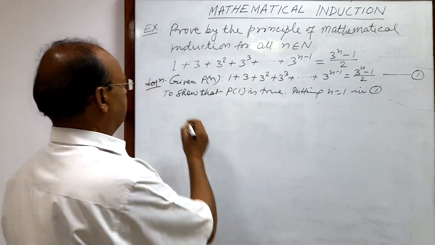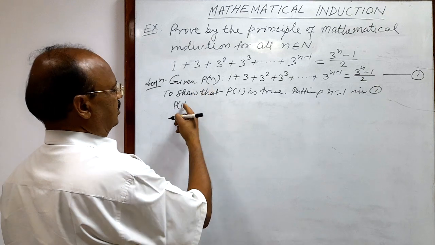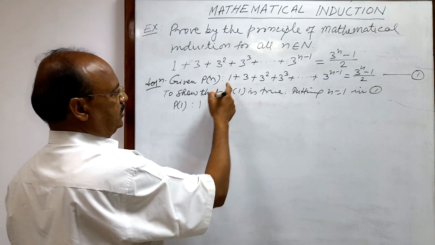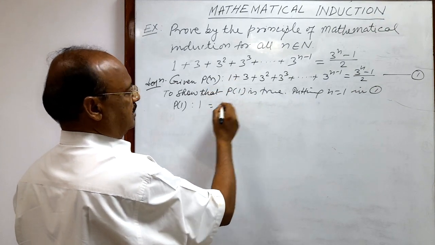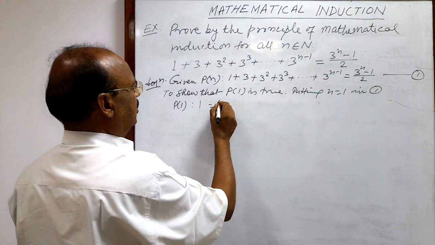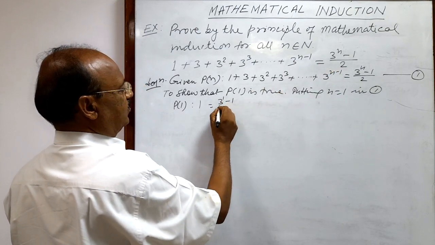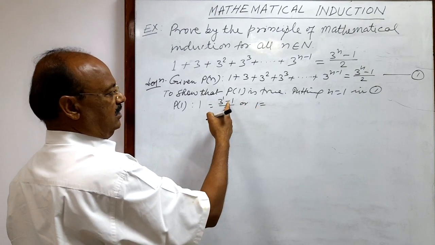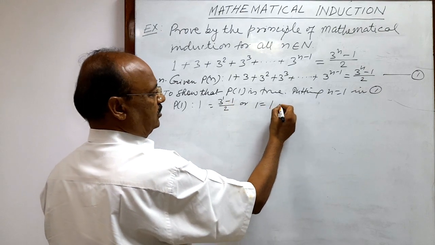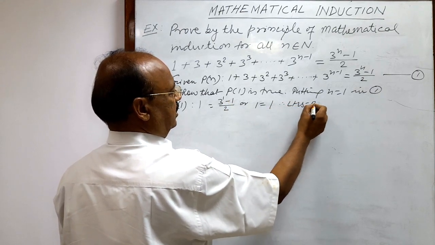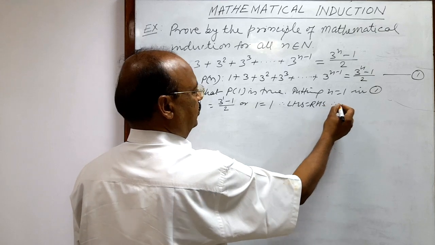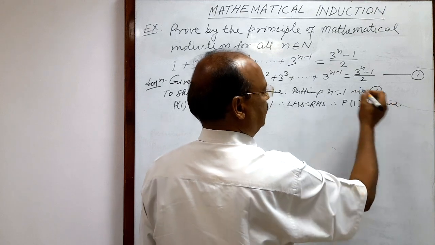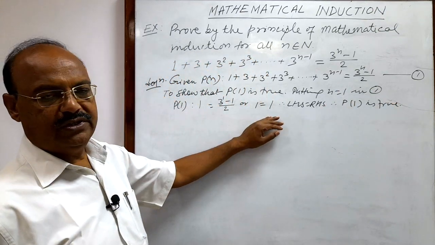So P1 becomes: the left side is 1, and the right hand side is 3 to the power 1 minus 1 divided by 2, that is 3 minus 1 is 2, 2 by 2 is 1. So we get LHS is equal to RHS, and therefore P1 is true. So the first step is over.